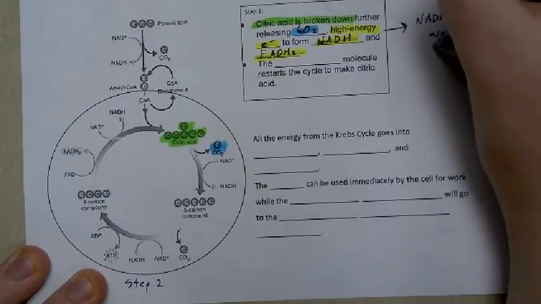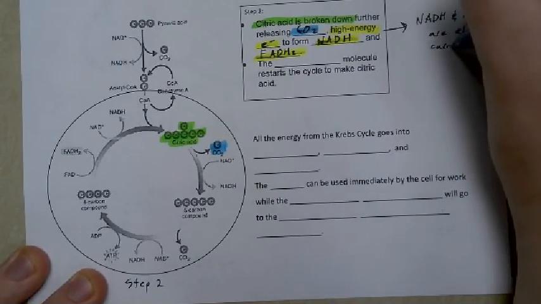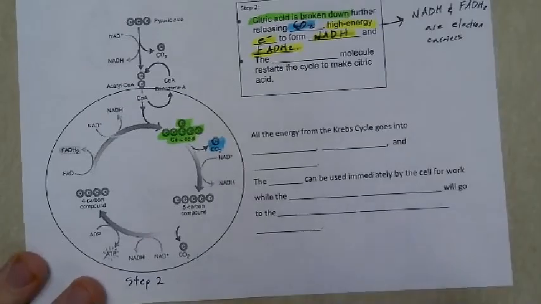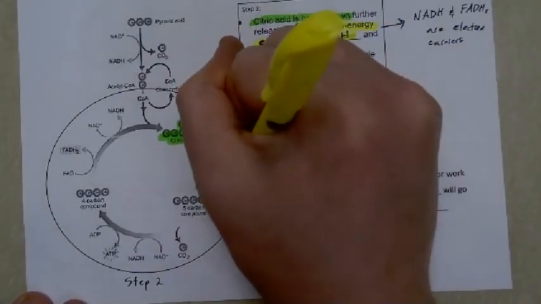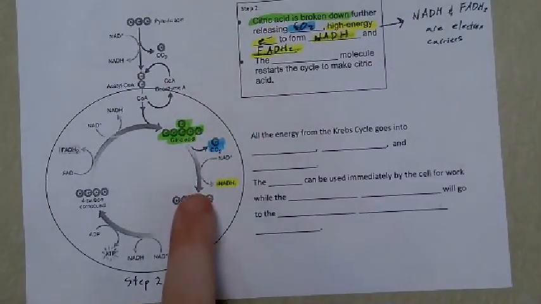These are what we're trying to produce here so that they can carry these electrons over to the electron transport chain. But this is the goal. We're accomplishing it. So here I can see I have produced NADH, right? And I now have a 5-carbon compound.